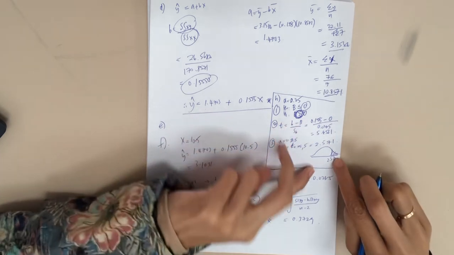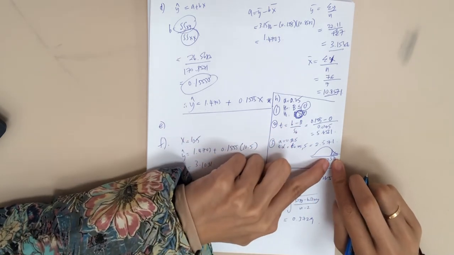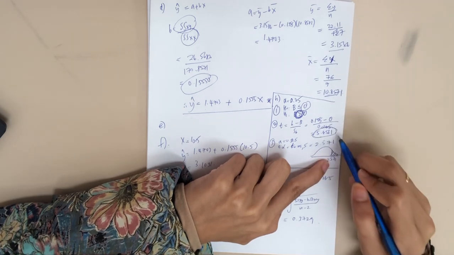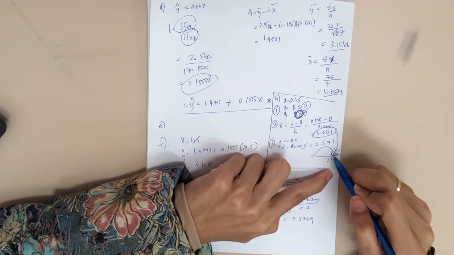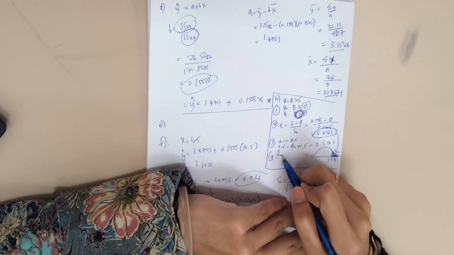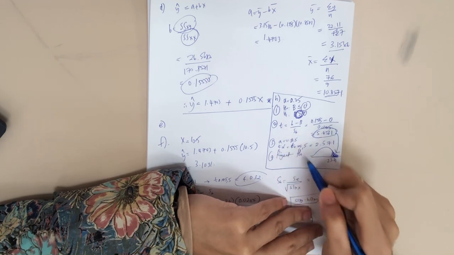So this is the rejection region, class. You need to check whether this T value lies in it or not. Yes, it lies in this region, 5.4. So therefore we will reject H0.